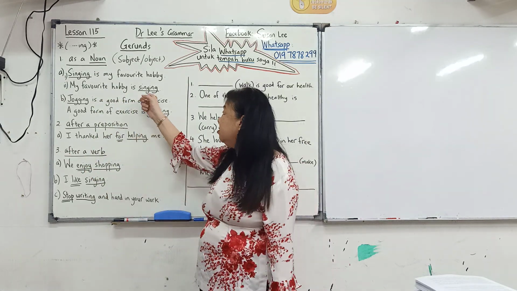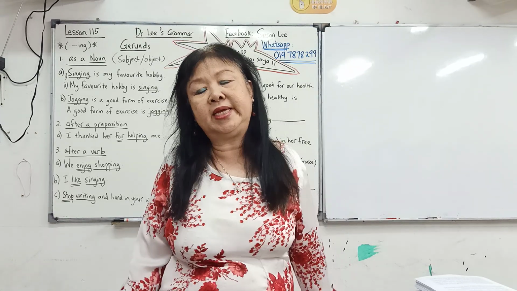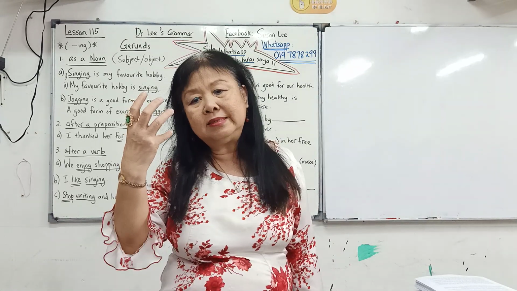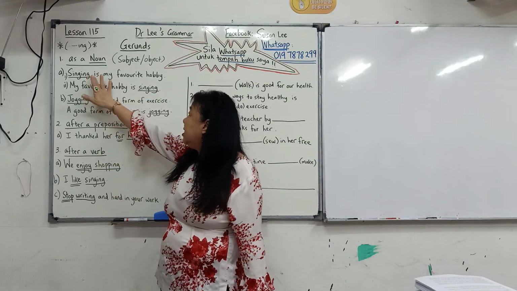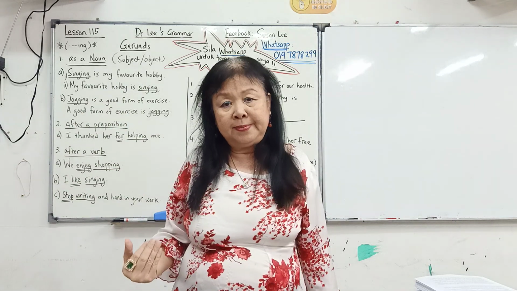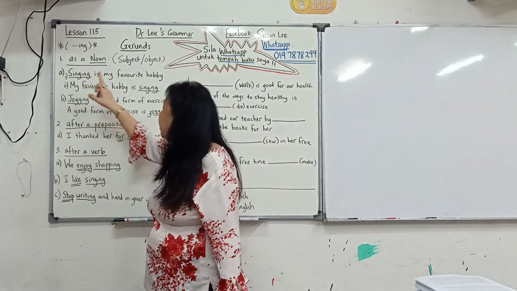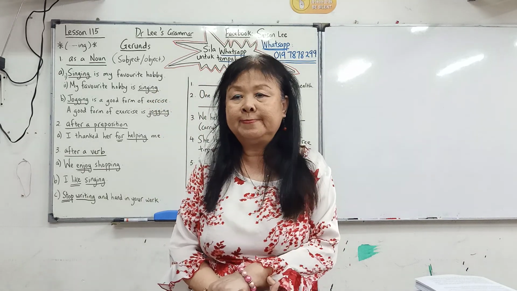Here it's used as a noun, as a thing, as an activity, I would say. So an activity is a thing. Therefore, you can either say singing is my favorite hobby, or you can say my favorite hobby is singing. So this is a gerund. It is used as a noun.